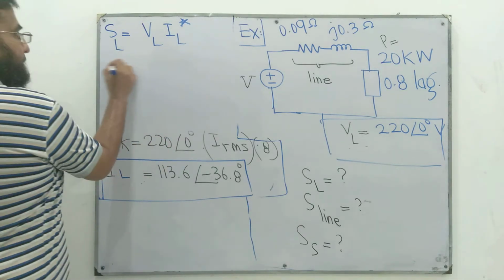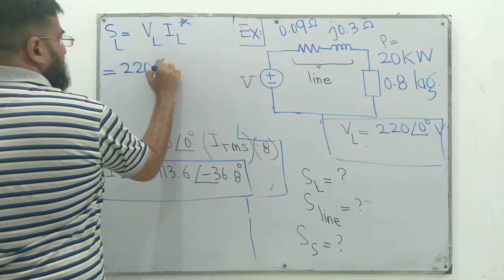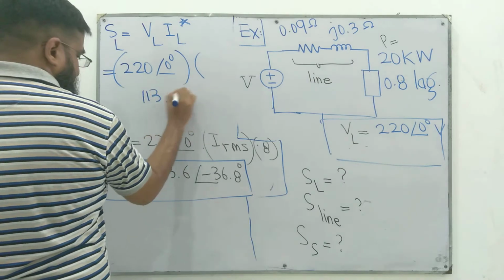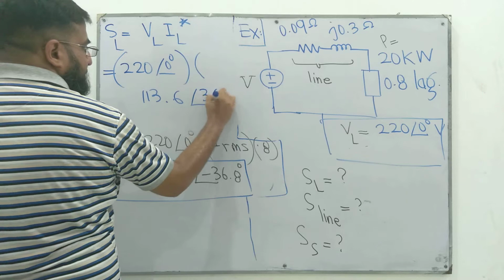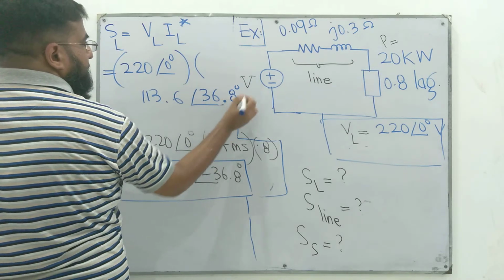VL is 220 at an angle of 0, multiplied by IL*, which is 113.6 at an angle of 36.8 degrees, with a positive sign because of the conjugate.